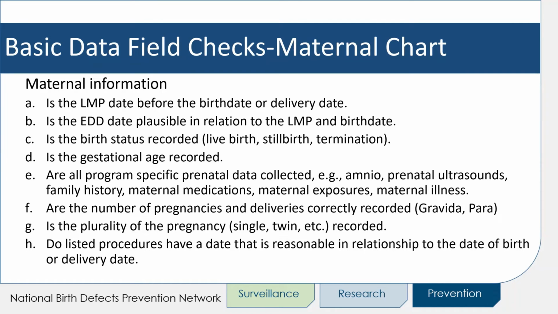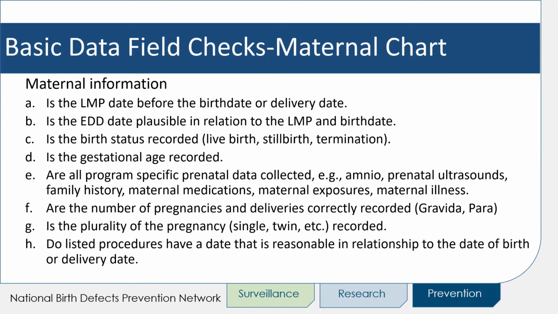Is the plurality of the pregnancy, single, twin, or other, recorded? Do the listed procedures have a date that is reasonable in relationship to the date of birth or the delivery date? For example, are prenatal procedures dated before the date of birth or the date of delivery?